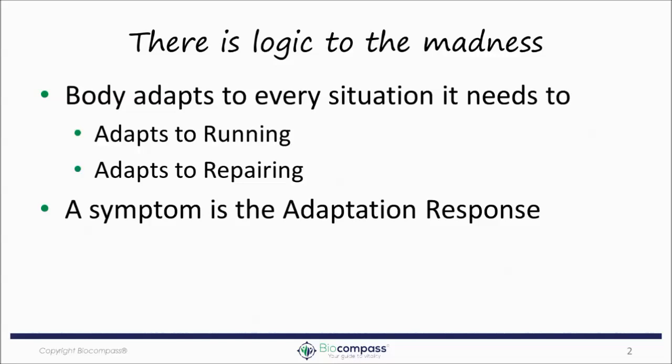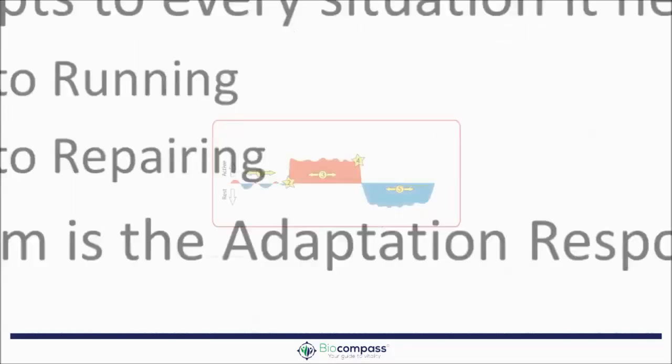Or even worse, if you don't adapt to the situation, you eventually die, because a predator eats you. So one of the key issues in BioCompass, which also makes it a beautiful system, is the actual adaptation response.